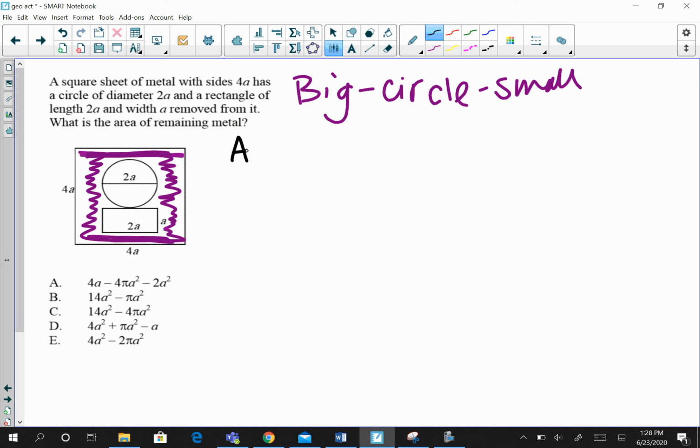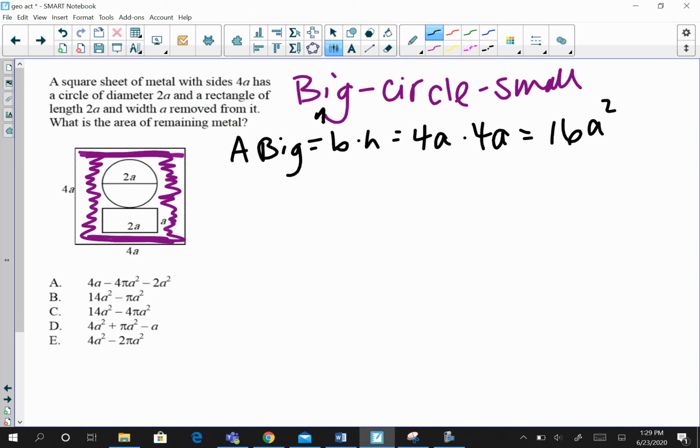So area of the big rectangle, or I guess this is a square, would be base times height. In my big one, the base is 4A and the height is 4A. So that gets me 4 times 4, that's 16, and A times A, that's A squared. So that's going to go here, big rectangle.